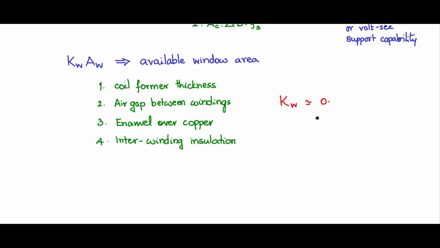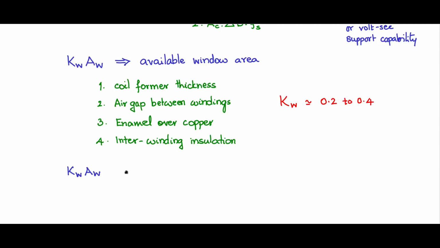So Kw will vary between 0.2 to 0.4. In the case of the inductor, Kw varied between 0.4 and 0.6, but in the case of the transformer, because of the additional loss of area, the Kw or the window factor will vary between 0.2 to 0.4, and an unskilled winder should use 0.2, and a very skilled winder will use 0.4.